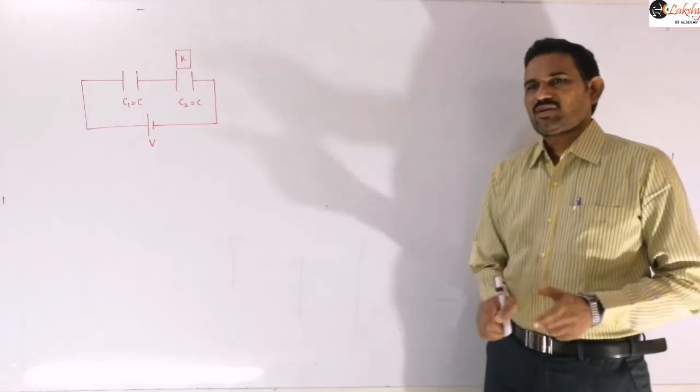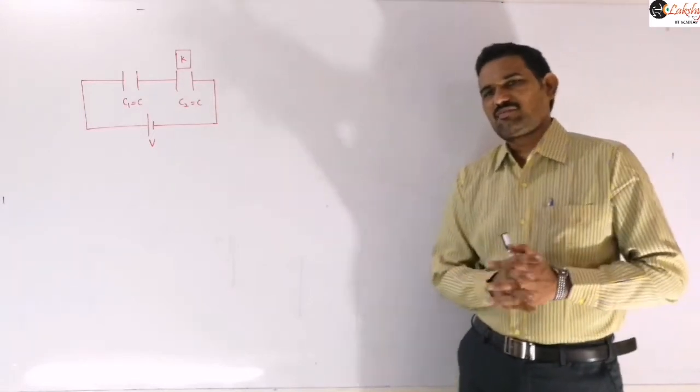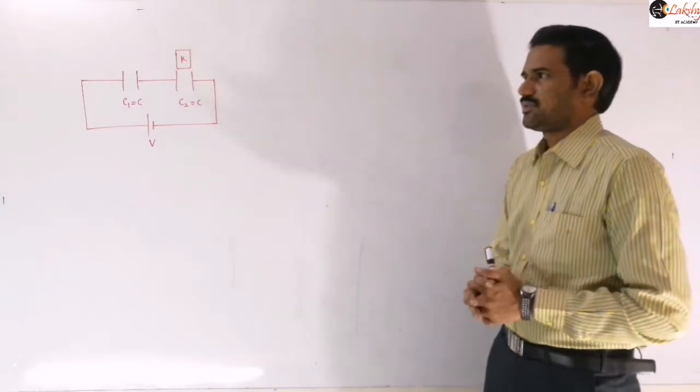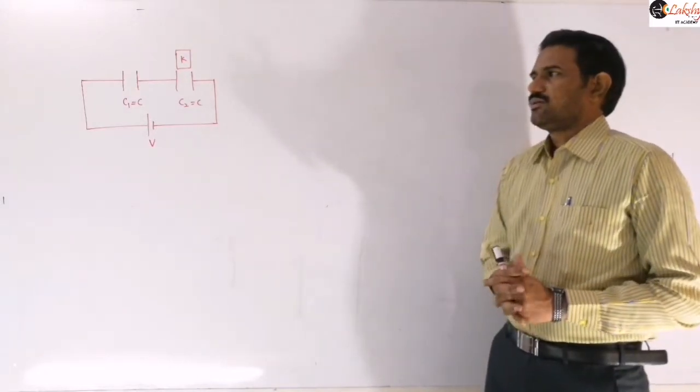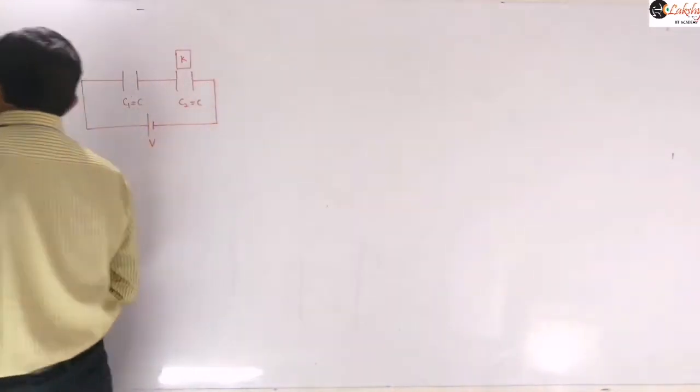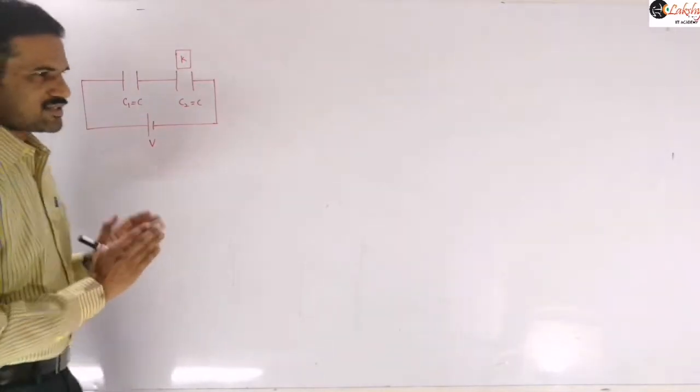In brackets you may write that it completely fills the space between them. So that means it is not a slab here, it is completely filling the space between them. It is inserted in capacitor C2. Throughout, the battery remains connected in the circuit.